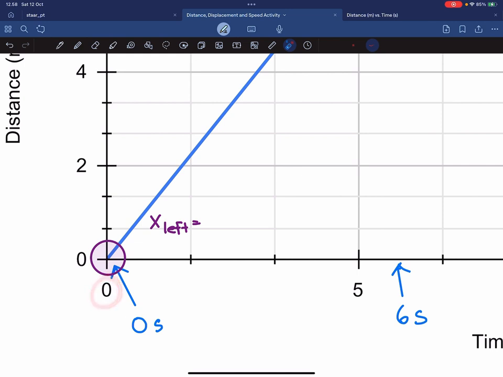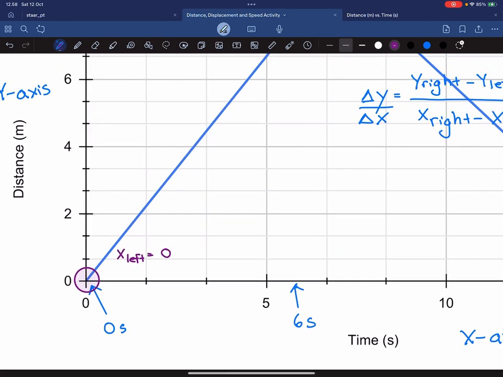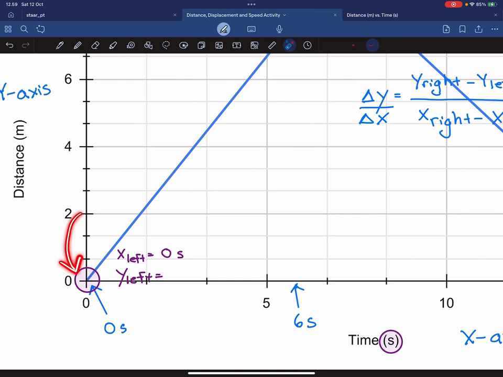But this time it's important that we take the units. 0 what? 0 seconds. All right, so that's critical. What is the y left? Well, that too is 0. And again, we're going to need the units, meters. So 0 meters.